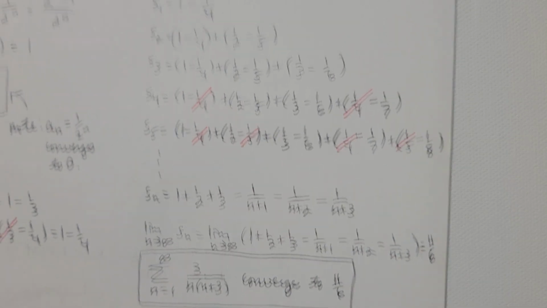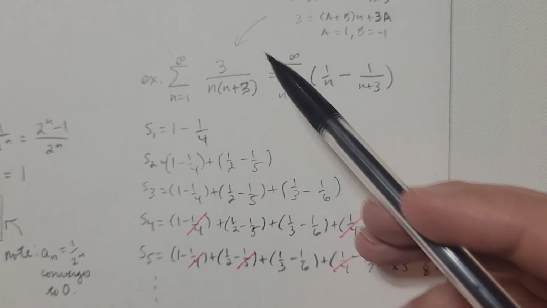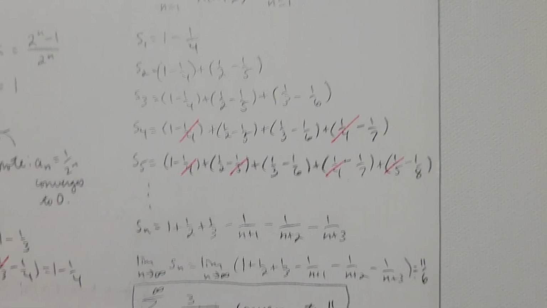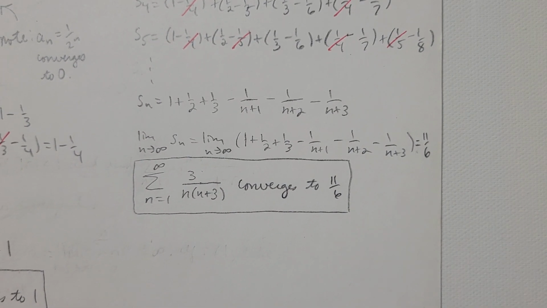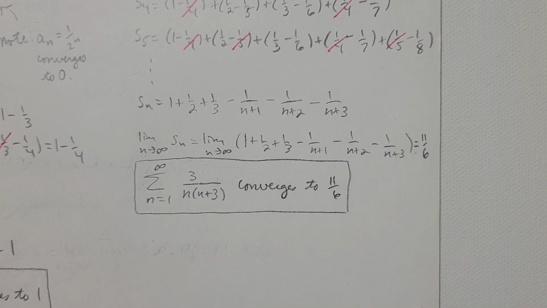Okay? So what I'm saying is that if I add up all infinitely many of these terms, infinitely many numbers that I'm adding together, the grand total is exactly 11/6. Okay, so this series is going to converge to 11/6.